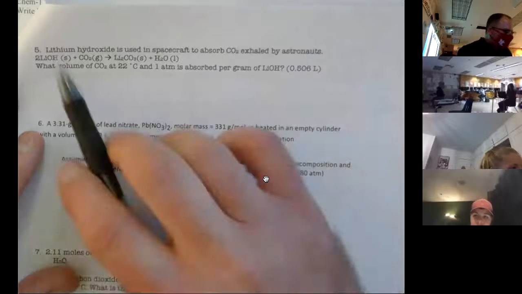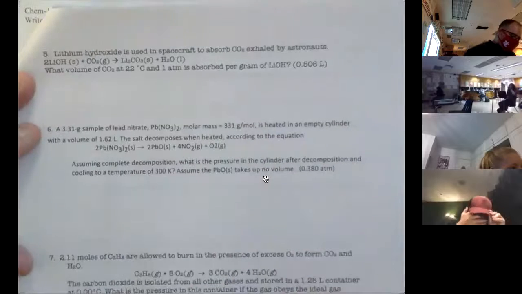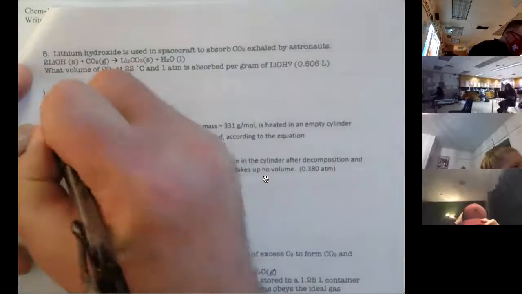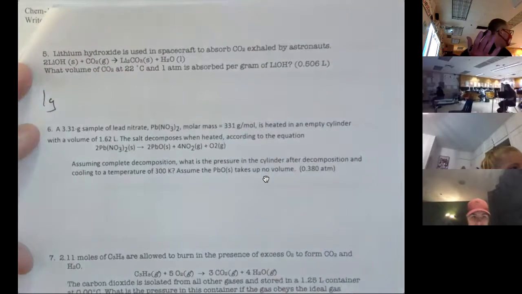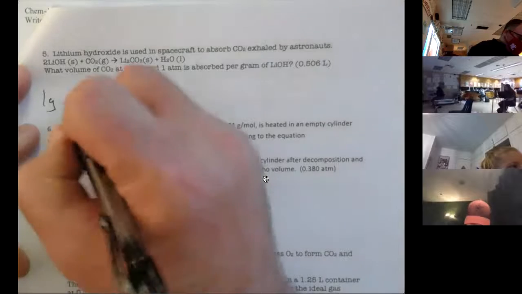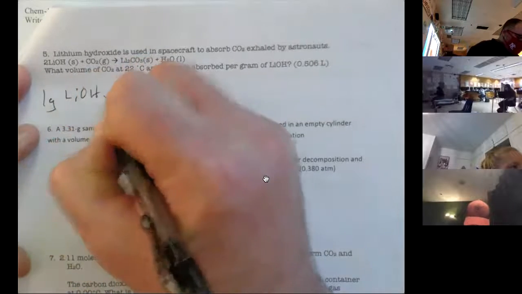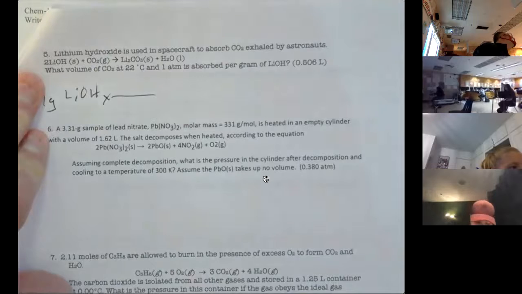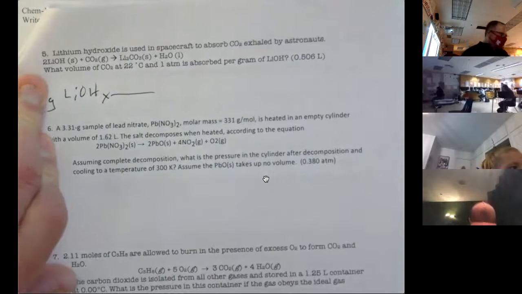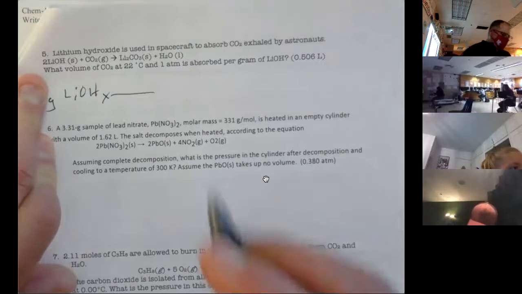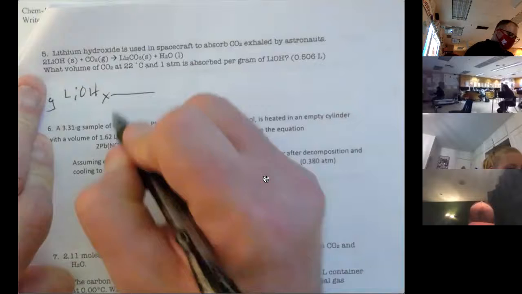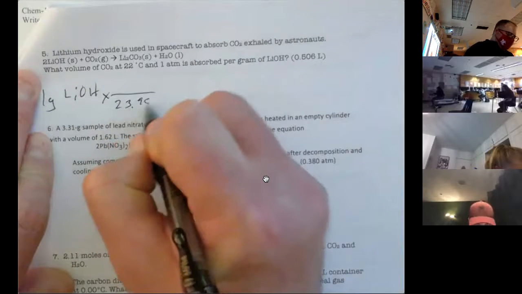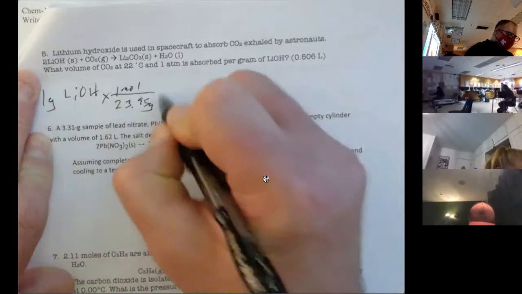So if we take a look, LiOH, we have 1 gram of this. That's probably all you needed to start out, right? So we start off with 1 gram of LiOH. (6.94 plus 16 plus 1.01). The answer is 23.95. Every 23.95 grams is 1 mole.